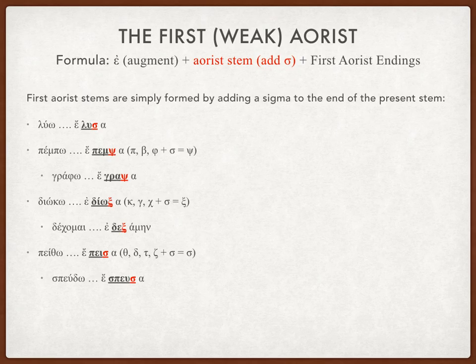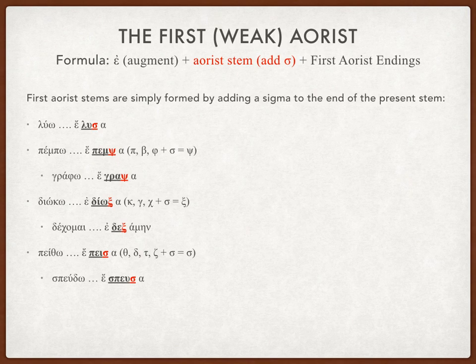Simple as that. The tricky thing with adding the sigma is that, as you've already seen in the future tense, when the sigma goes next to a consonant, it can sometimes change that consonant to a new letter in the process. So for example, pempo, when it goes to the aorist, just like when it goes to the future, we'll add the stem pemp, put an epsilon in front of it, epemp. When I add sigma to the end of it, I get psi at the end, because pi and sigma make the sound ps, which is already covered by the letter psi.